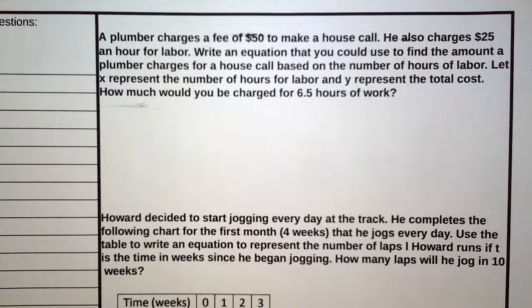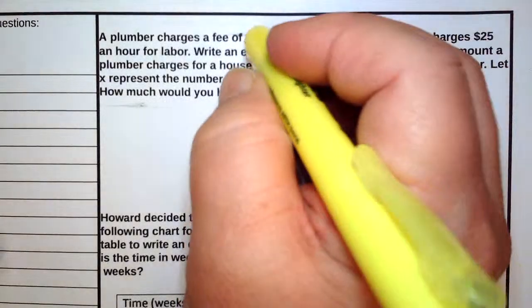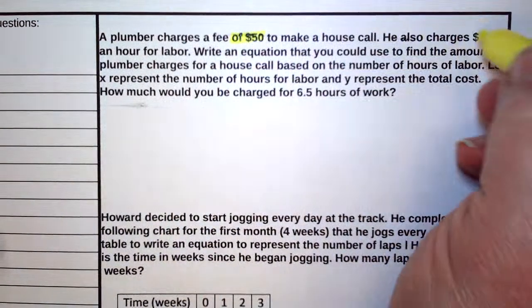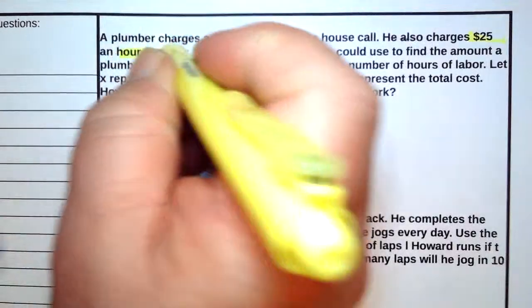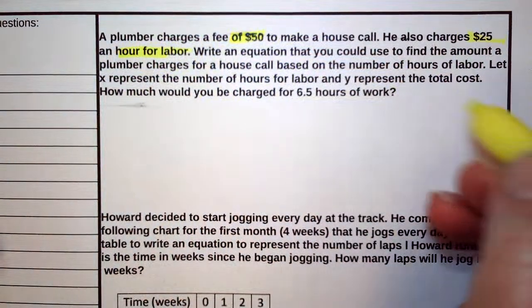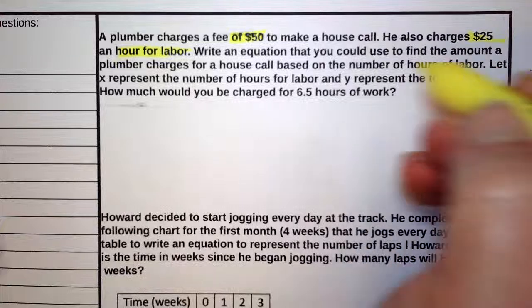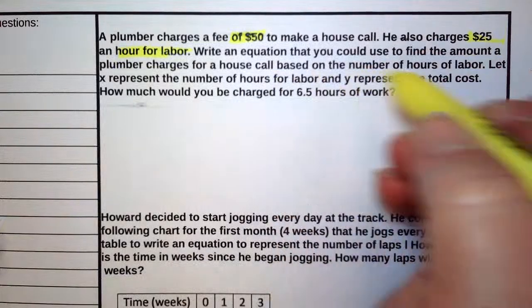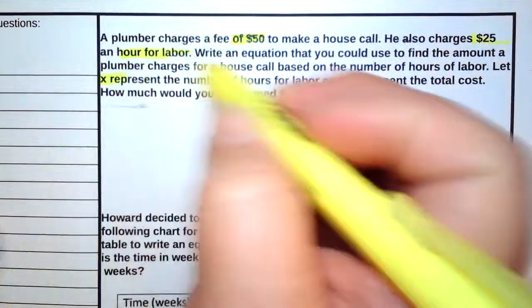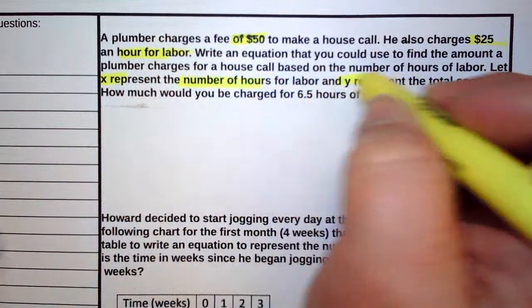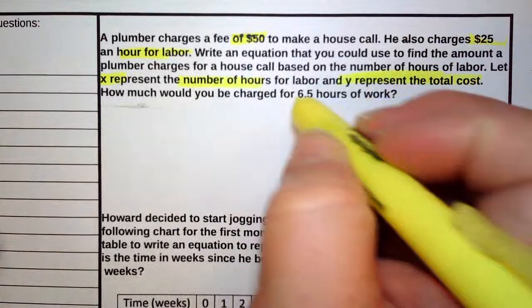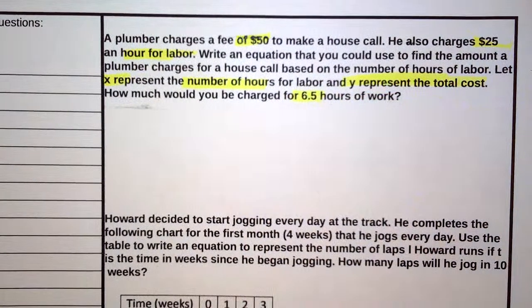So if we're looking at this, a plumber charges $50. He also charges $25 an hour for labor. Let X represent the number of hours and Y represent total cost. And we're looking for 6.5 hours of work.